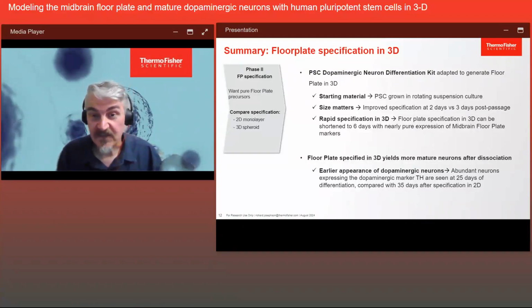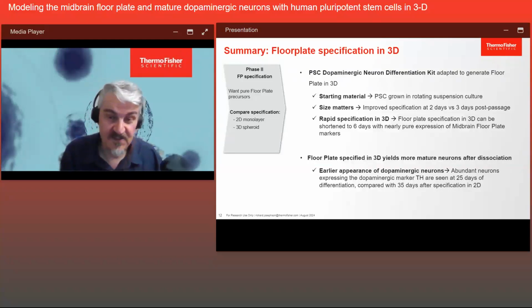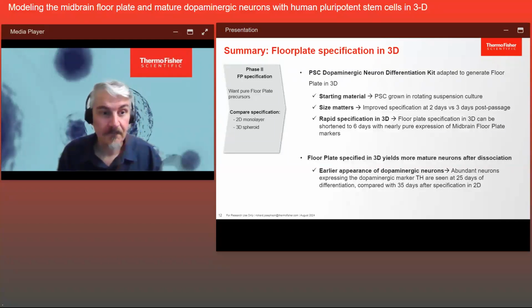And that specification happens more quickly in 3D, 6 days, versus 2D at 10 days. What we achieve in that 6 days is greater than 90% midbrain floor plate. Furthermore, the specification in 3D allows the neurons to mature sooner, taking about 10 days off of the 2D protocol so that you get something similar at 25 days versus 35 days.